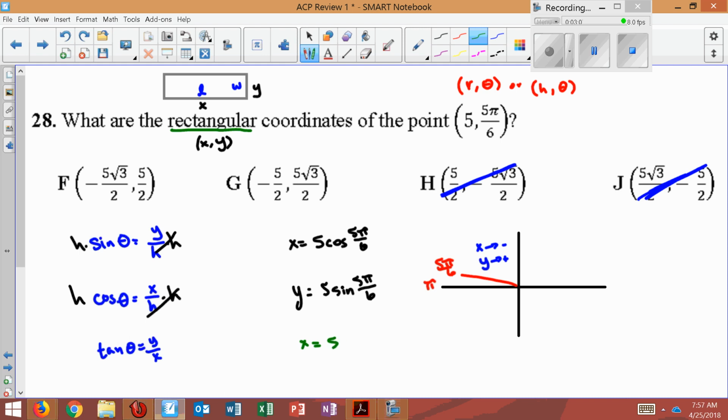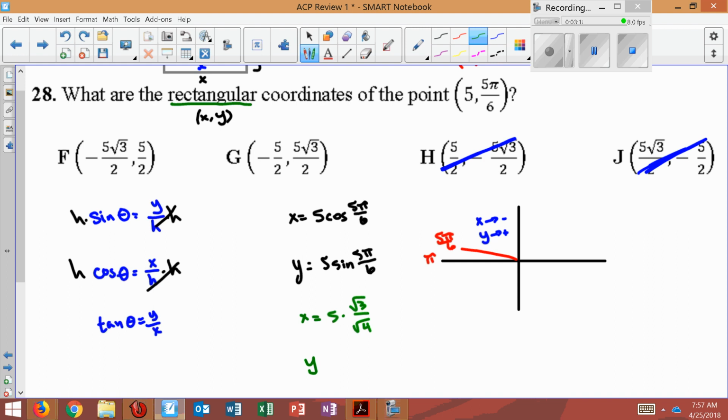So for x, it would be the square root of 3 over the total fingers. I have 4 total fingers, so square root of 4. The y value would be 5 times, with 1 finger on top, the square root of 1 over square root of 4. Remember, the song goes sine y, cosine x, so it's y fingers on top of x fingers.